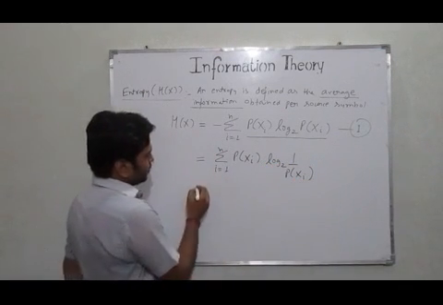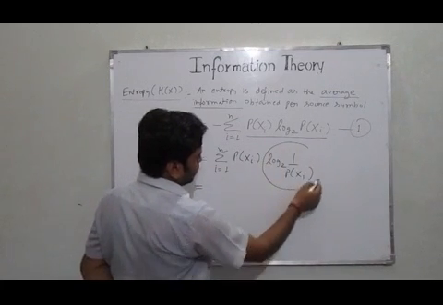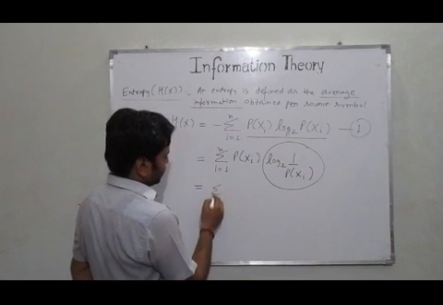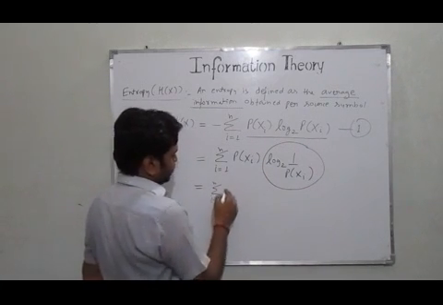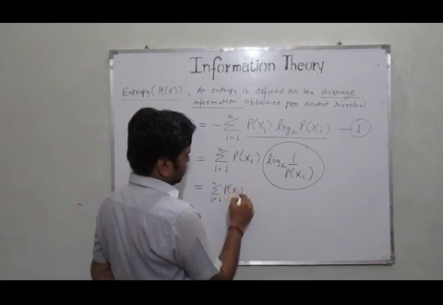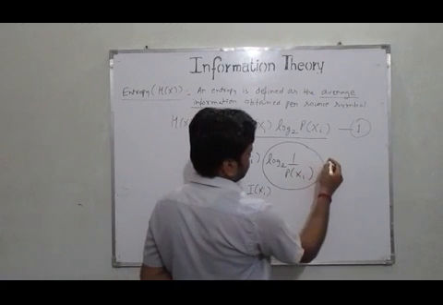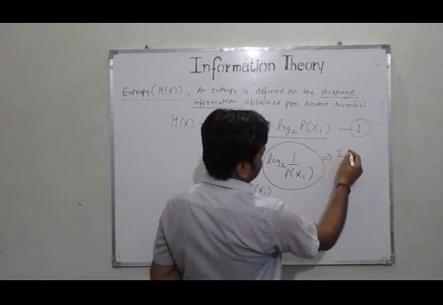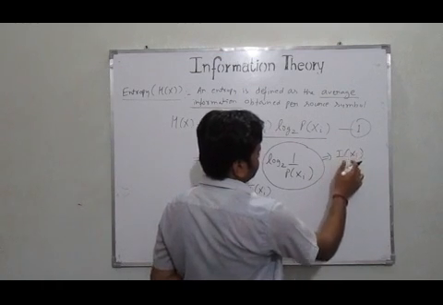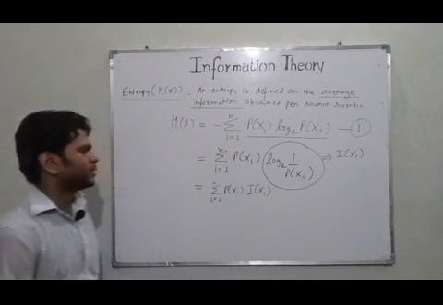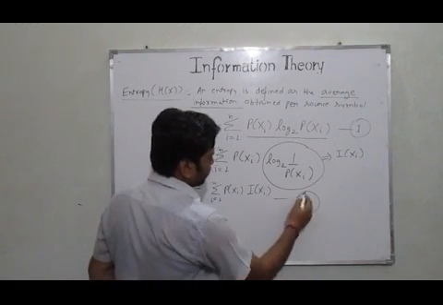And when we have this relation, I can simply replace this entire thing with I(x). That means information. This entire thing is basically related to the information. A very important thing it is. Fine. This is I(x). So this is another very important relation that you have to remember.